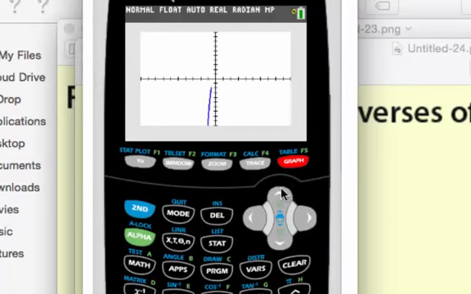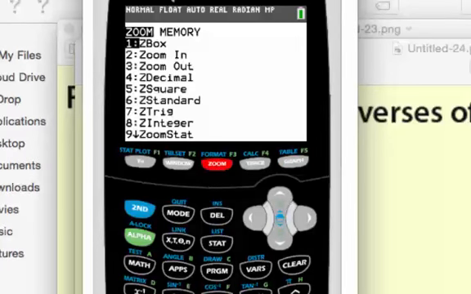Now these should reflect through the line y equals x if they are inverses. Interesting. I'm having a hard time with this rectangle shaped window. Let me change the zoom to a square zoom, zoom 6. Or I'm sorry, zoom 5.